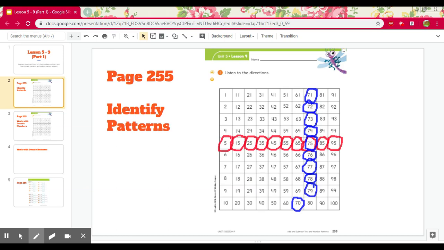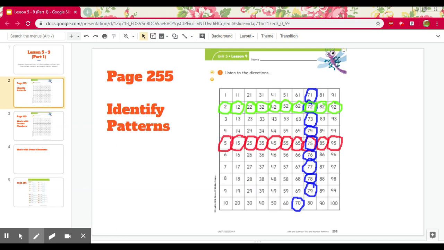Let's circle every number with 2 ones in green. The number 2 has 2 ones. 12 has 2 ones. 22, 32, 42, 52, 62, 72, 82, and 92 all have 2 ones.